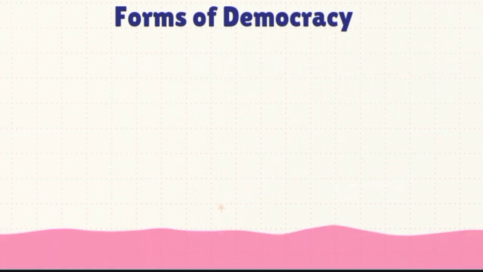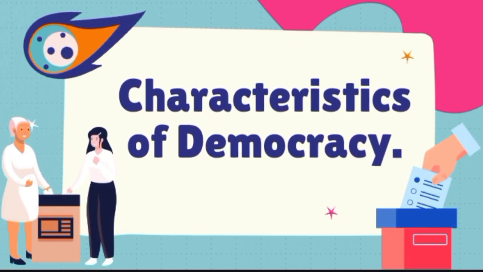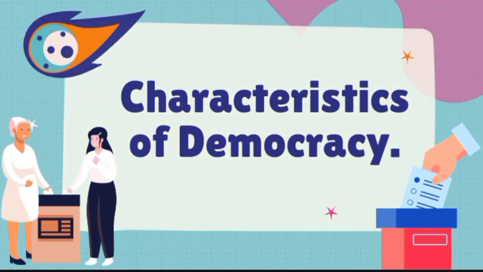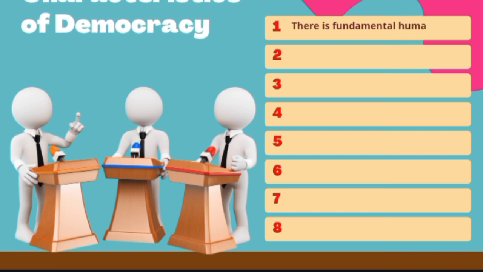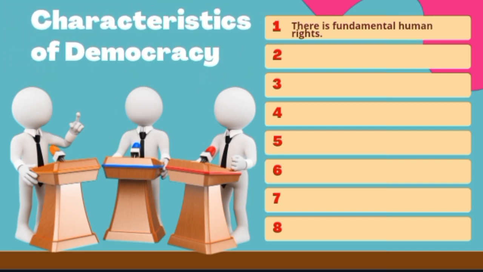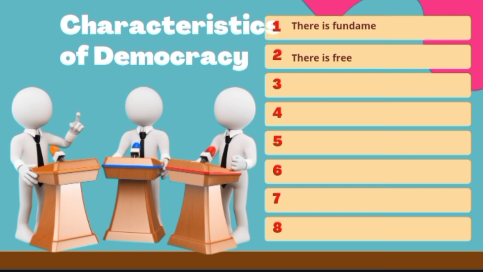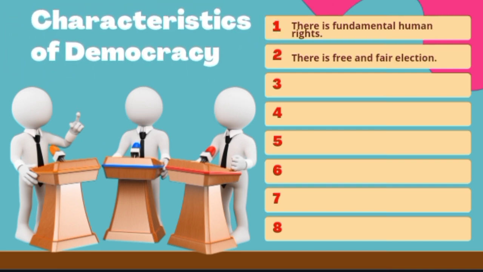Quickly, we are moving to characteristics of democracy. One is that certain fundamental human rights must be enjoyed by the citizens, and that will enable them to live a civilized life. Two is that there must be free and fair election devoid of rigging.